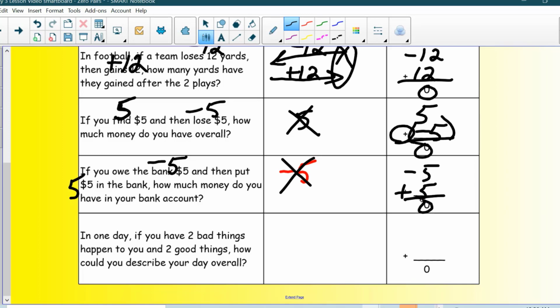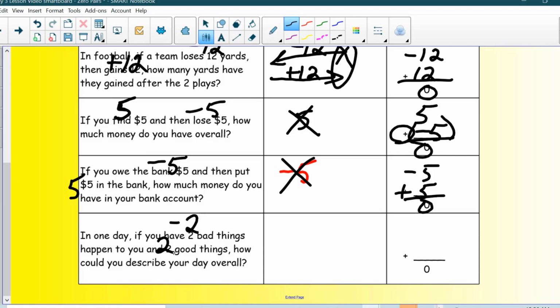Last one. In one day, if you have two bad things happen to you, how will we represent that? Negative 2. And then you have two good things happen to you. What would that be represented with? A positive 2. How could you describe your day overall? If you combined your day and put your day together overall, you can have a positive day, a negative day. Well, in this case, it's neither, right?